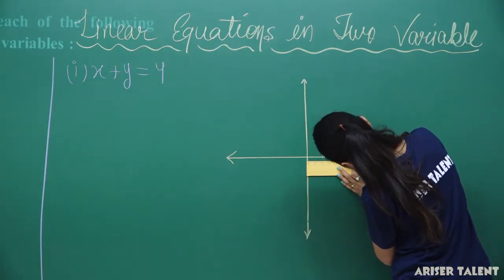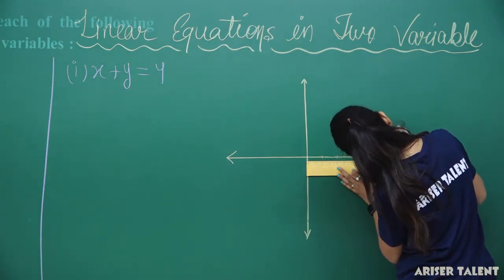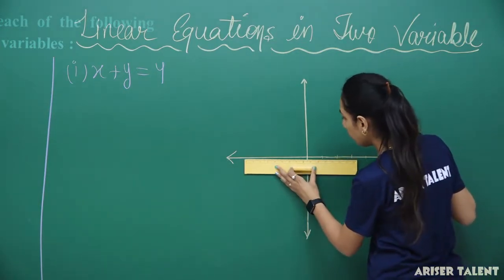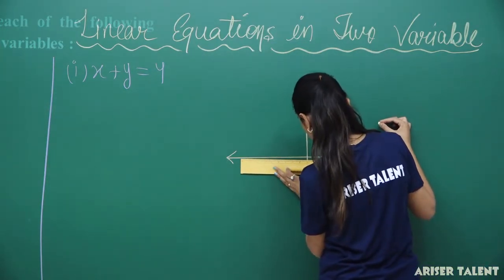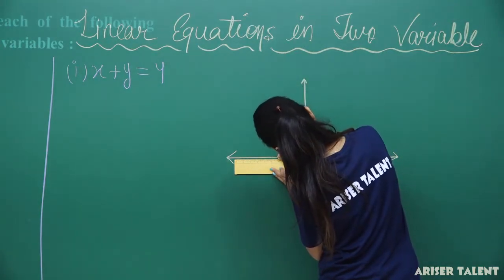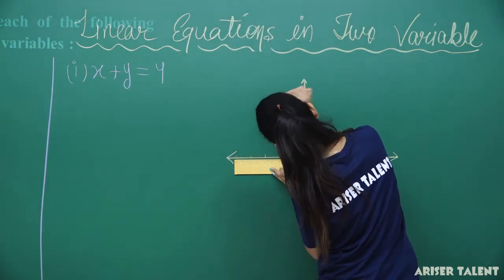So we are getting here 1, 2, 3, 4, 5, right, and here also 1, 2, 3, 4 and 5.